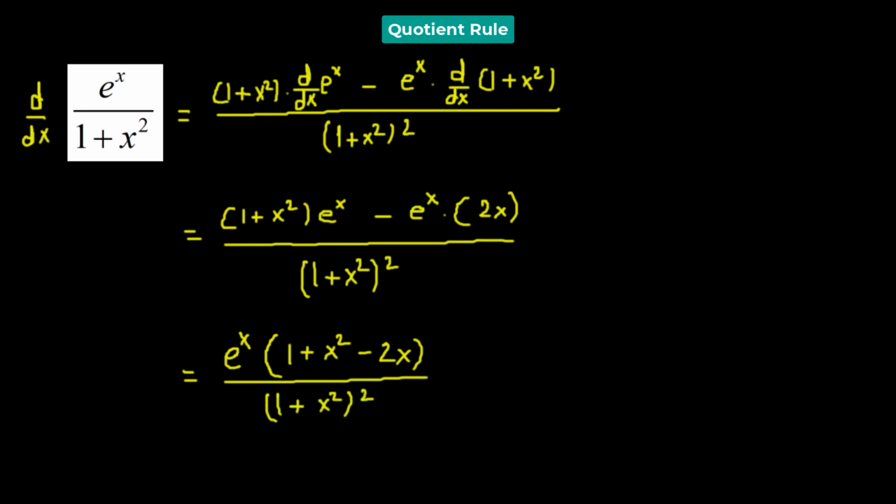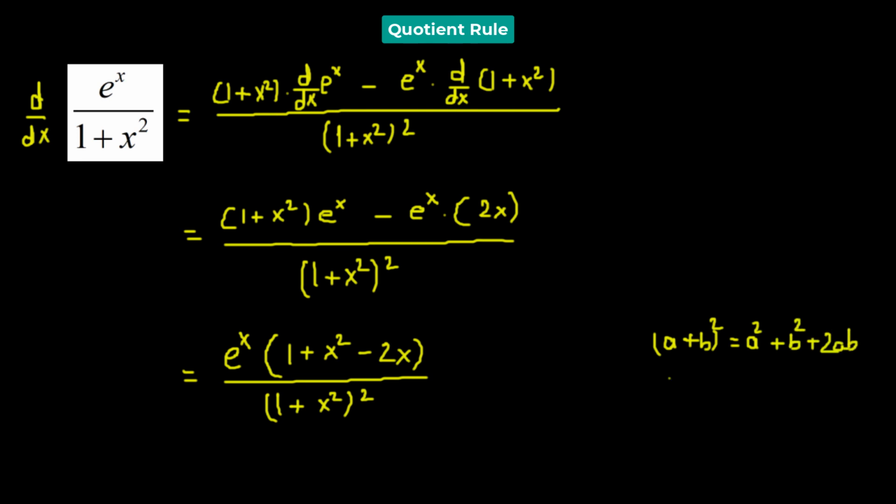squared. Now 1 plus x squared minus 2x is the expansion of the identity a plus b whole squared, which is equals to a squared plus b squared plus twice of ab.